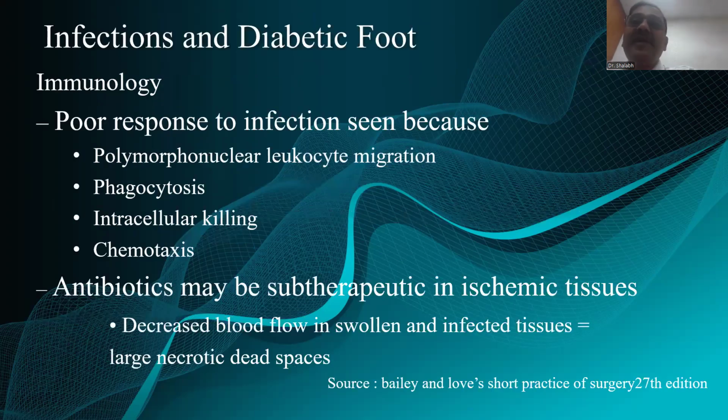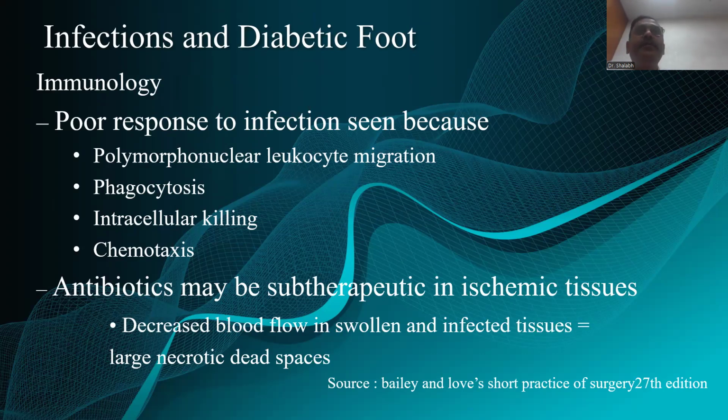The other part is infections. Your immune system is compromised. If you are diabetic and your blood sugar is poor, then all the factors which play an important role in immunity, your white blood cells and their function, get deranged. The chemical interplay between these cells, which helps in regulating immunity, also gets damaged.